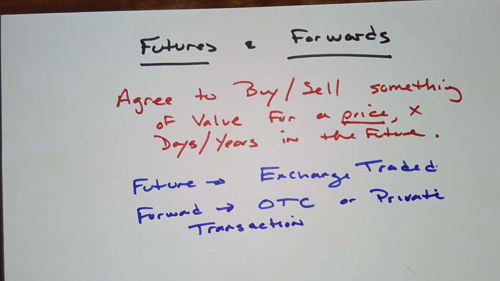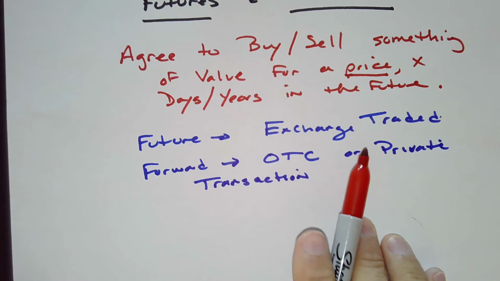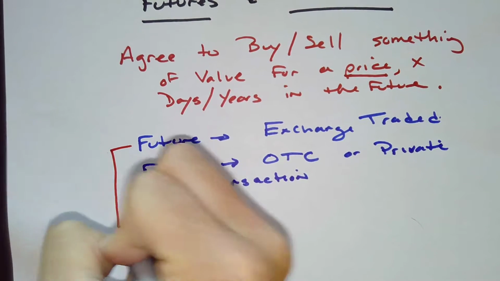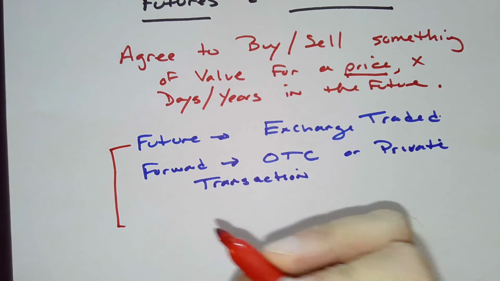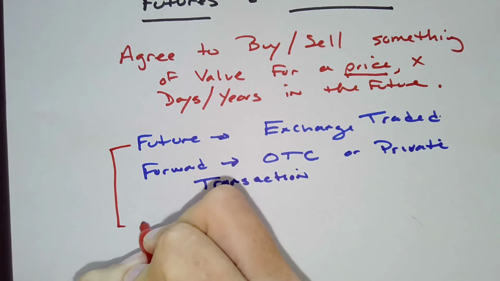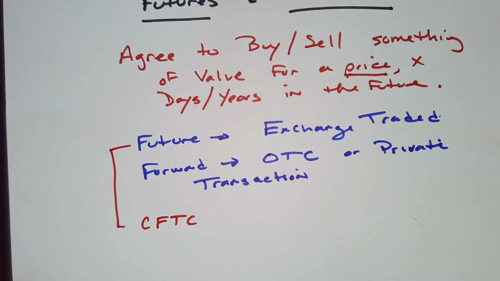Well, with the future, with it being an exchange traded contract, these are traded, say, on the CFTC, the Central Future. I can't remember even what CFTC stands for right off the top of my head, but they're traded on the CFTC, right? The Futures Trade whatever corporation.